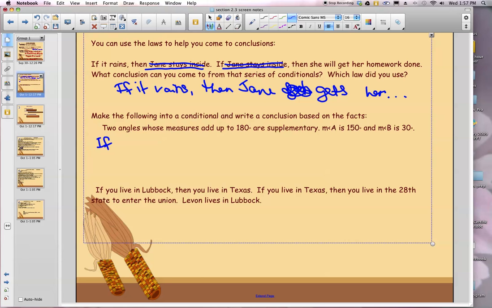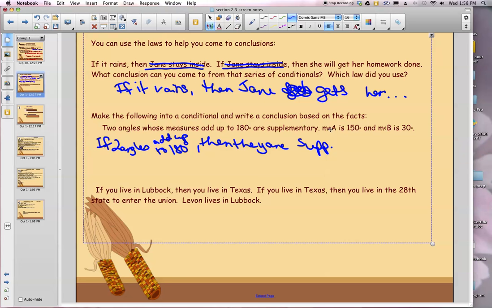So if 2 angles add up to 180, then they are supplementary. Is that a true statement? Yes, it is. If 2 angles add up to 180, then we would call them supplementary angles.